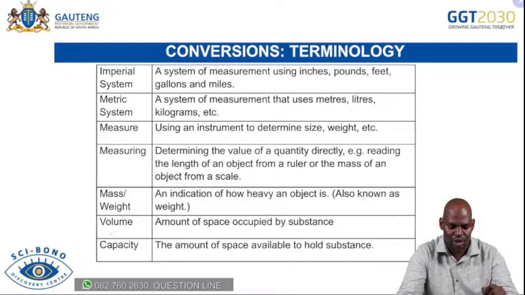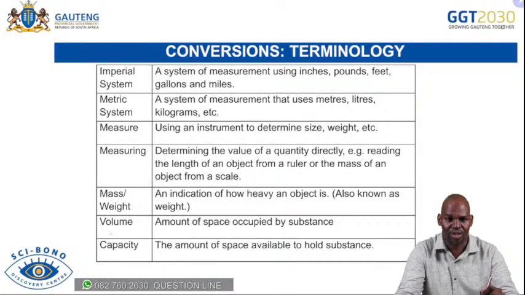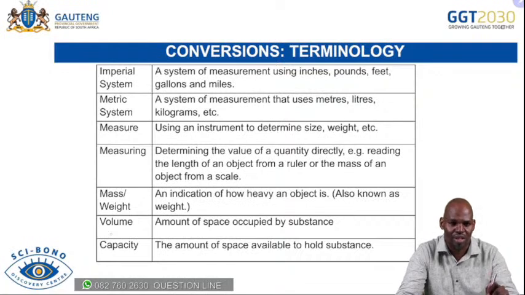Capacity is the amount of space available to hold a substance, and it is measured in liters, milliliters, and kiloliters. So just remember that volume and capacity are not actually the same.